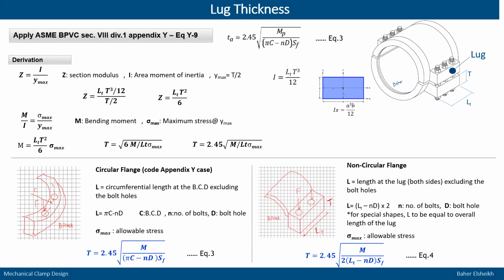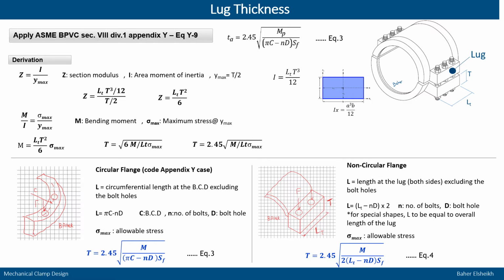L here is the circumferential length at the pitch circle diameter of the bolts, excluding the bolt holes themselves, because they are not supporting in the beam itself, if you consider it as a beam. So L here will be pi C minus N, which is the number of bolts, multiplied by D, which is the hole diameter. So L will be pi C minus ND.